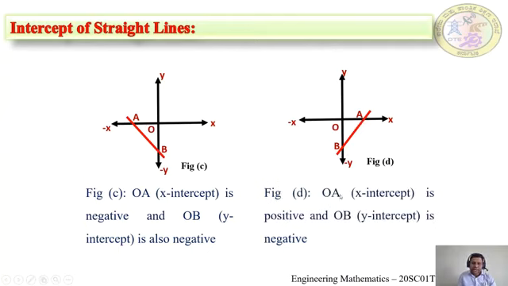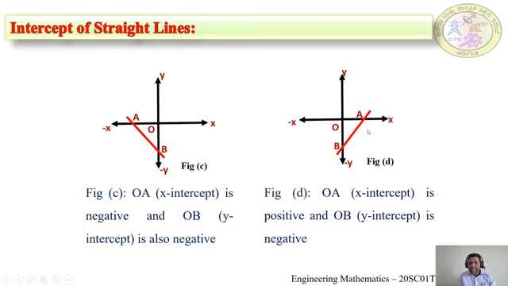You can observe OA, the x-intercept, is positive and OB, the y-intercept, is negative. Here the x-intercept is positive because it is on the positive x-axis, and the y-intercept is negative because it is on the negative y-axis. So, in case 3, OA and OB are both on negative axes, so the x-intercept and y-intercept are both negative.